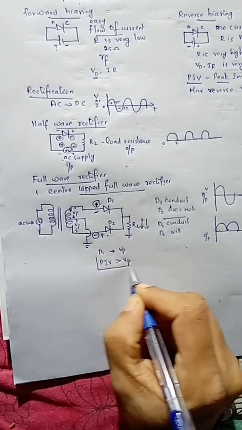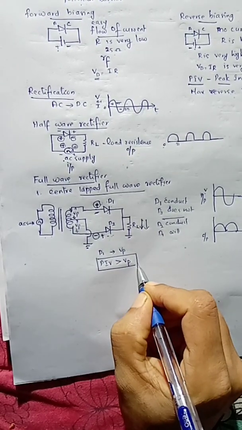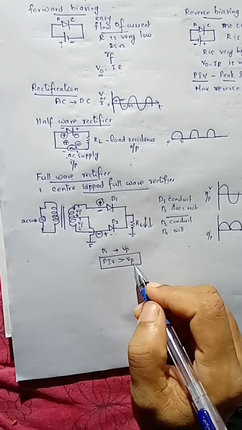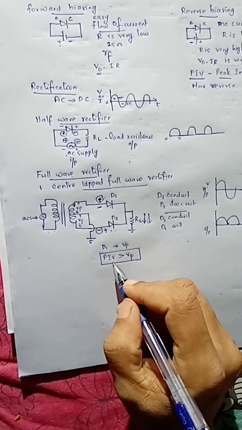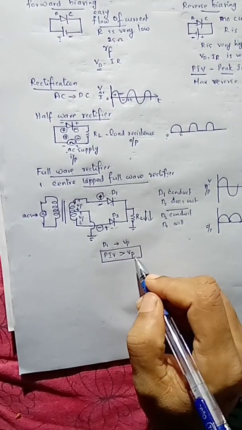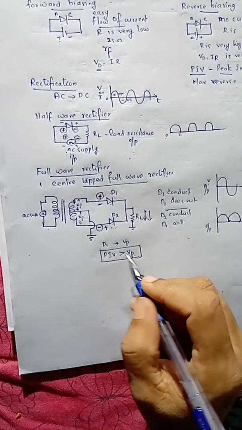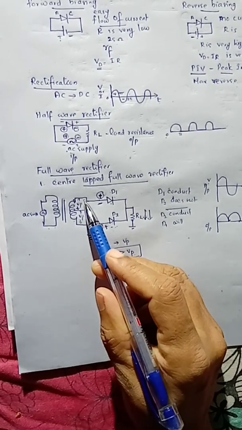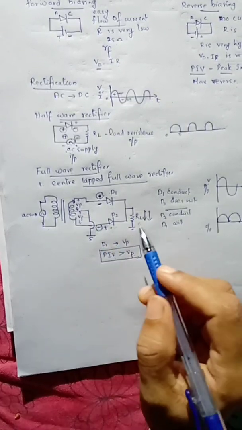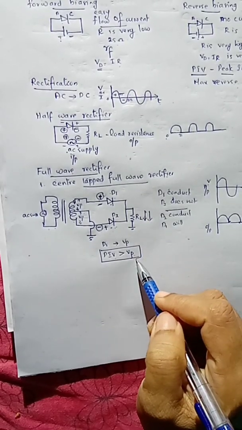That is an important factor which we have to note in the case of the center tapped full wave rectifier. That is, the diode which we have considered should have a peak inverse voltage greater than Vp. That Vp is nothing but the voltage between one of the terminals and the center tap of the transformer used in the center tapped full wave rectifier.